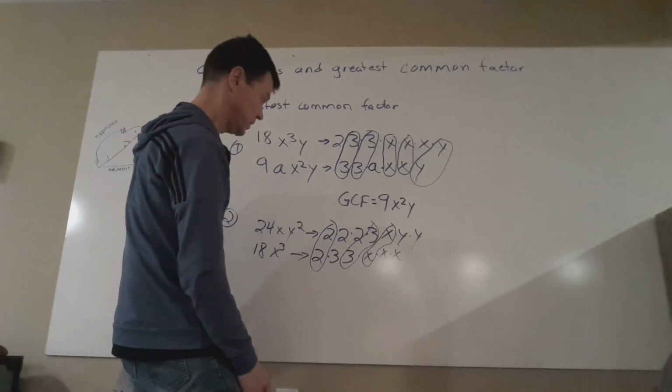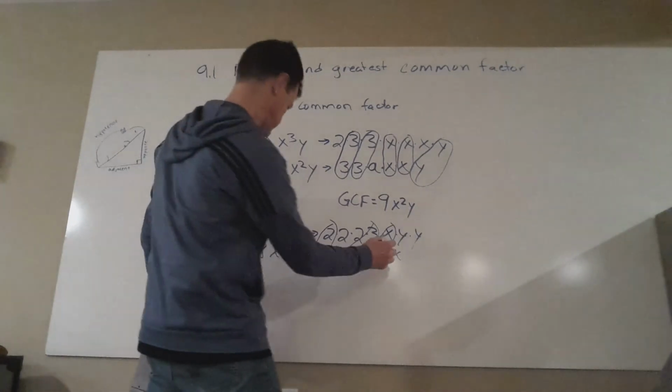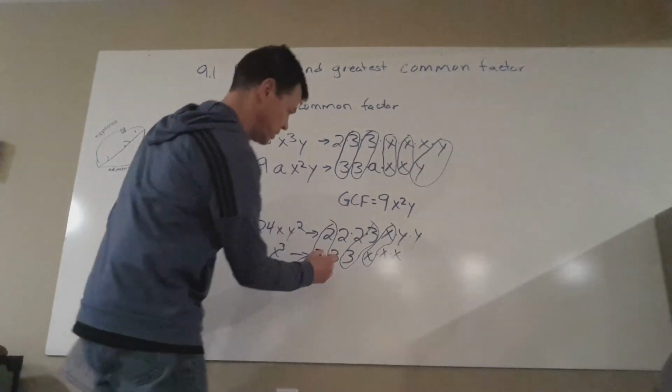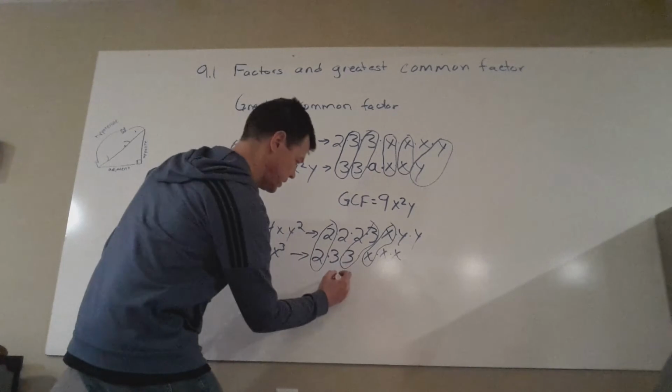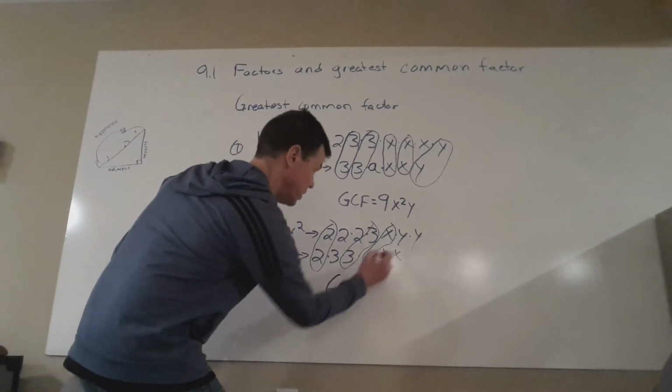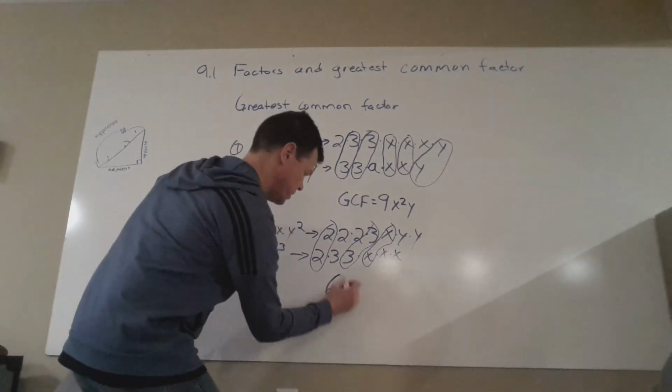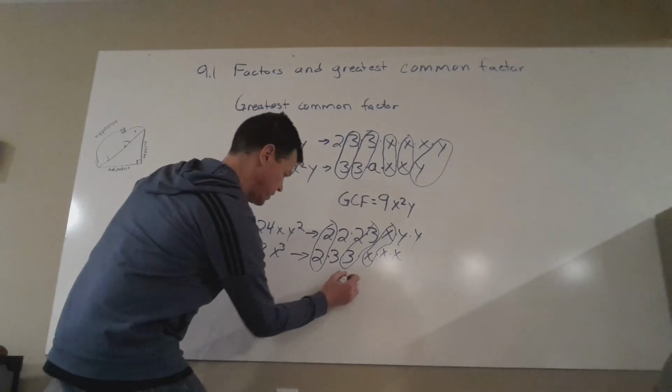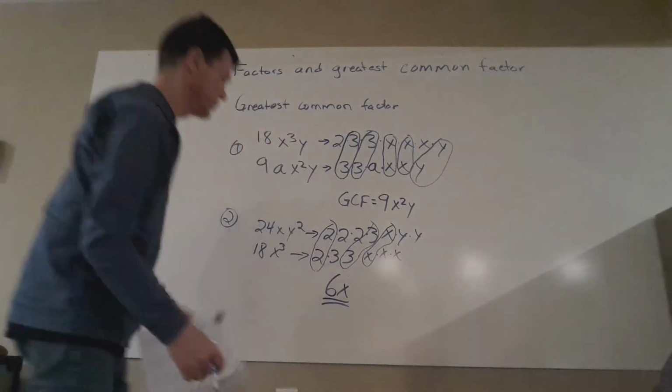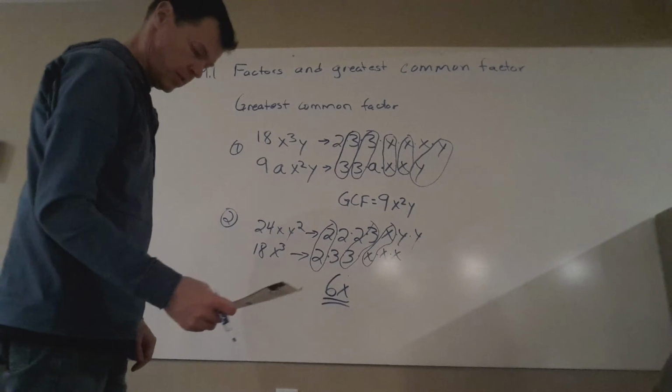And then the x is the only other thing that's common. So 2 times 3 is 6. Only one x is common. GCF, 6x.